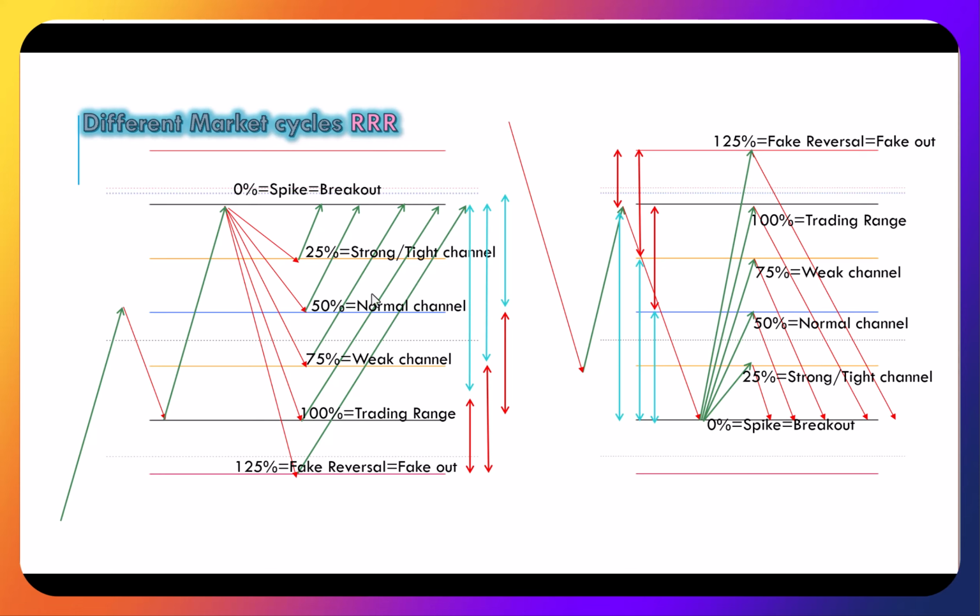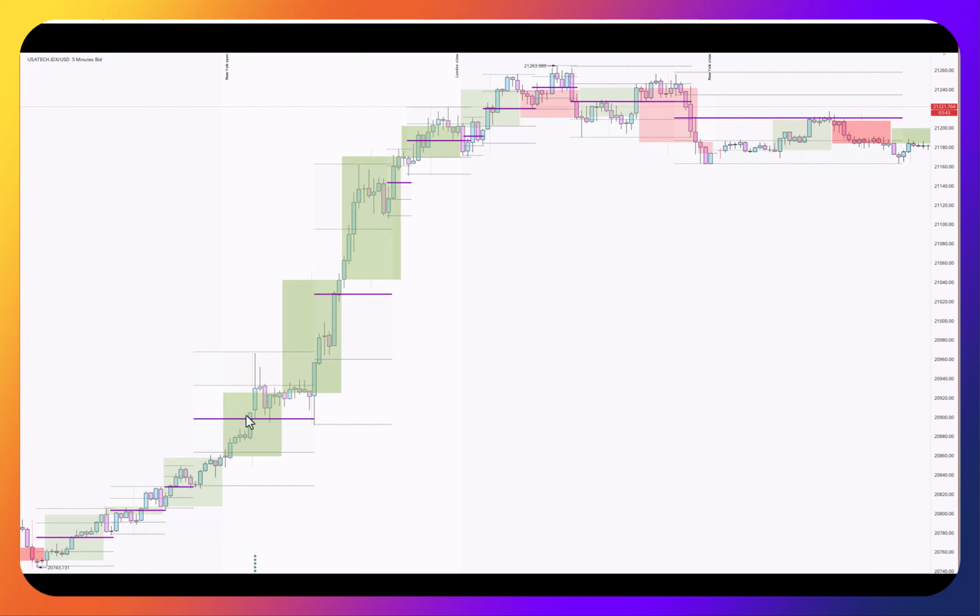So here, if you look at this one, you put the Fibonacci. Now in the other one, look, we are plotting Fibonacci there. Here we have 50% of retracement, right? And from this swing to there, we don't have any 50% here, because this market cycle is a trendy market cycle.